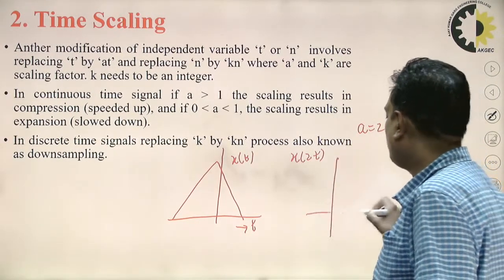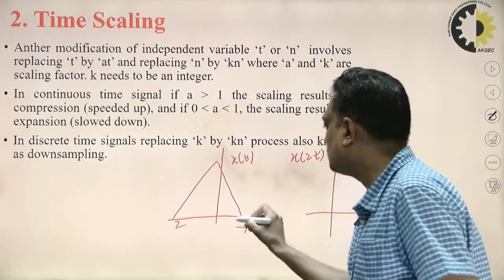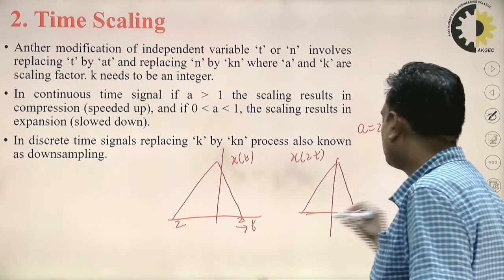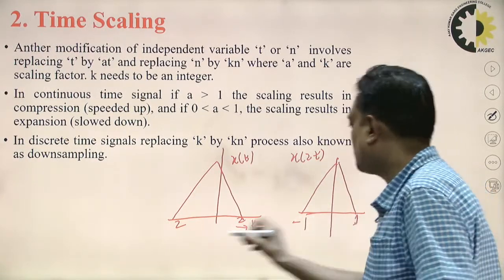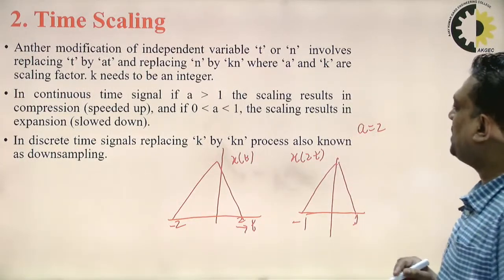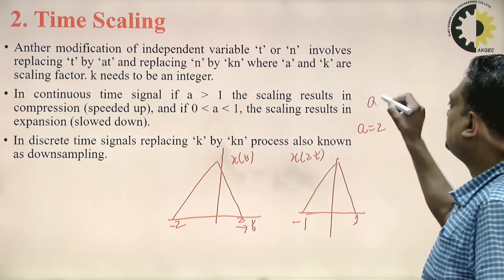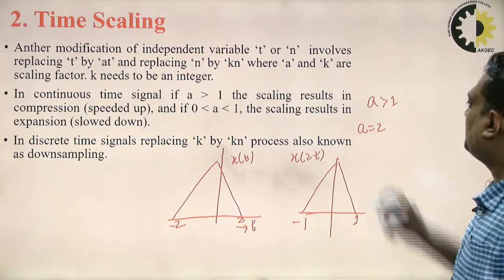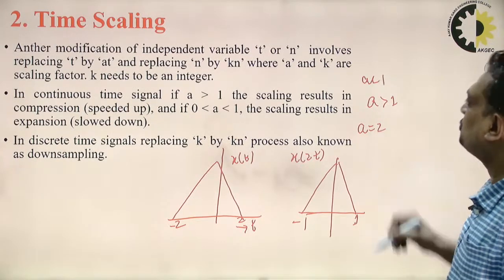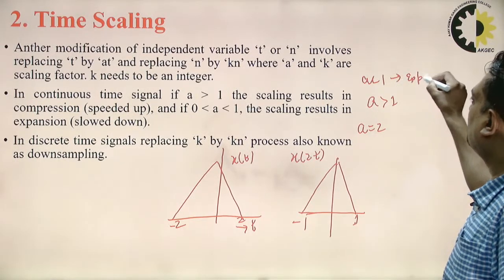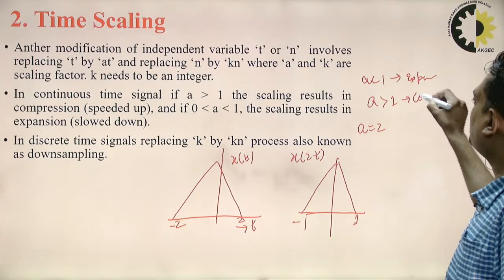Then if these values are, let's say, minus 2 and 2, it will be the compressed version. So this is x(2t). When a is greater than 1, it leads to the compression of the signal, and when a is less than 1, it corresponds to the expansion.